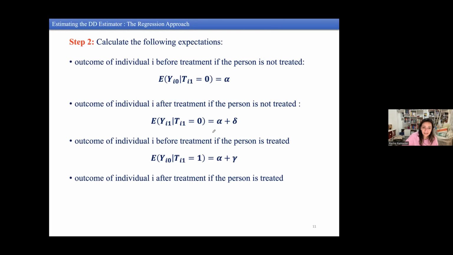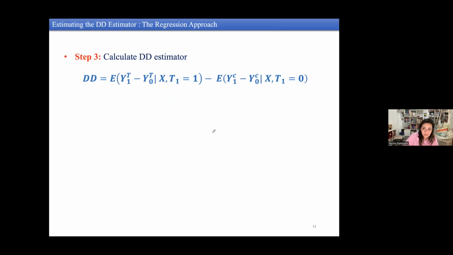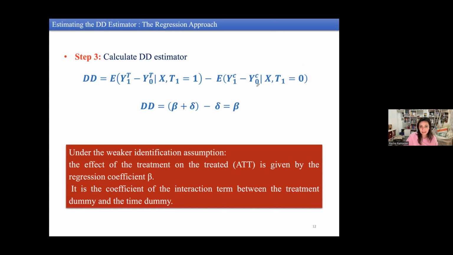So the treatment effect is the DD, the difference in difference, and in this case it is beta. But keep in mind that this holds under the weaker identification assumption, that the selection into the program is not affected by unobservable characteristics that are invariant over time.